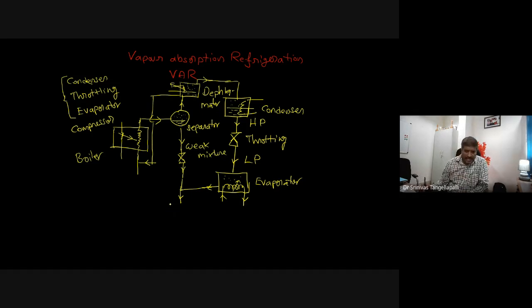Okay, now we can add the condenser here. To reject the heat, you can keep either an air-cooled condenser or a water-cooled condenser, and you reject the heat, so you can get the condensate. Since it is absorbing the vapor like a magnet into the liquid, it is called the absorber.